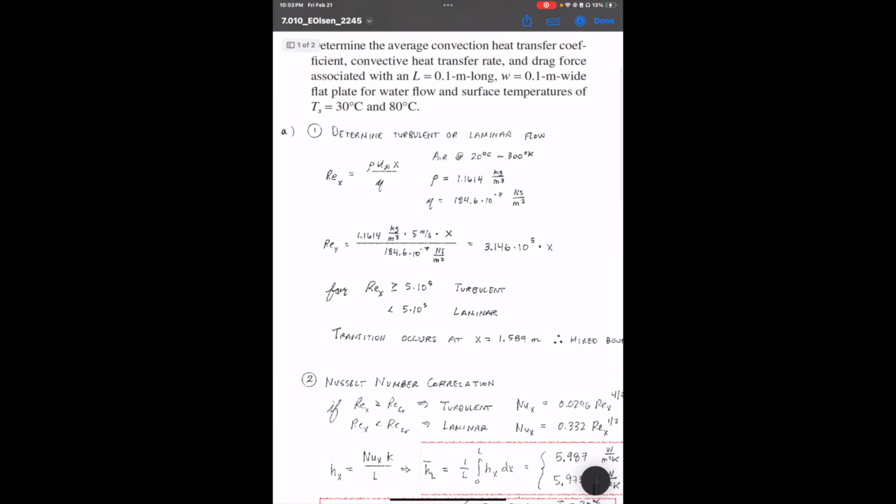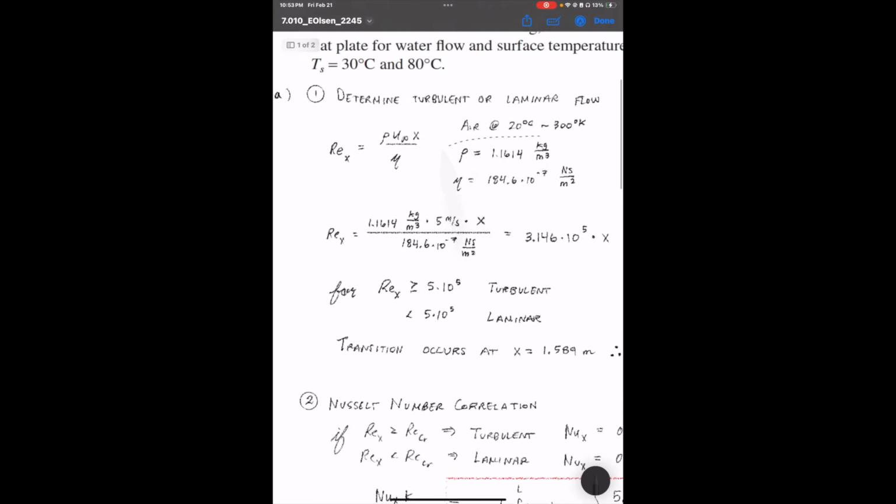And the properties of the air should be taken at the film temperature, which is the average temperature between the bulk air temperature and your plate surface temperature. And at that temperature, the properties of the air are given here.